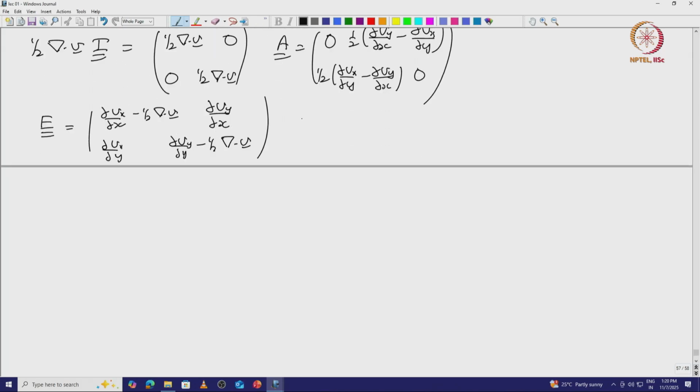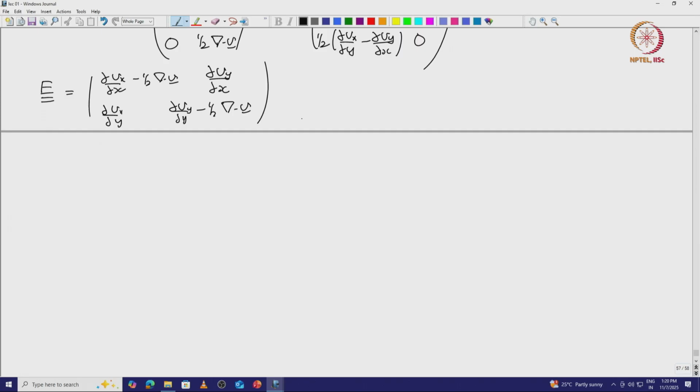And let us look at the types of deformation that each of these represents. So the first one is half del dot V into I.